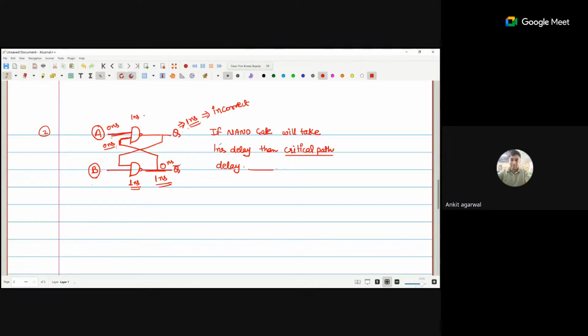So when we apply B, we get a correct Q bar after 1 nanosecond. And if this input is applied at 1 nanosecond, 1 nanosecond delay is taken by this NAND gate, so we get the output at 2 nanoseconds, and that 2 nanosecond output will be the correct output, whereas the earlier one is called the incorrect output.